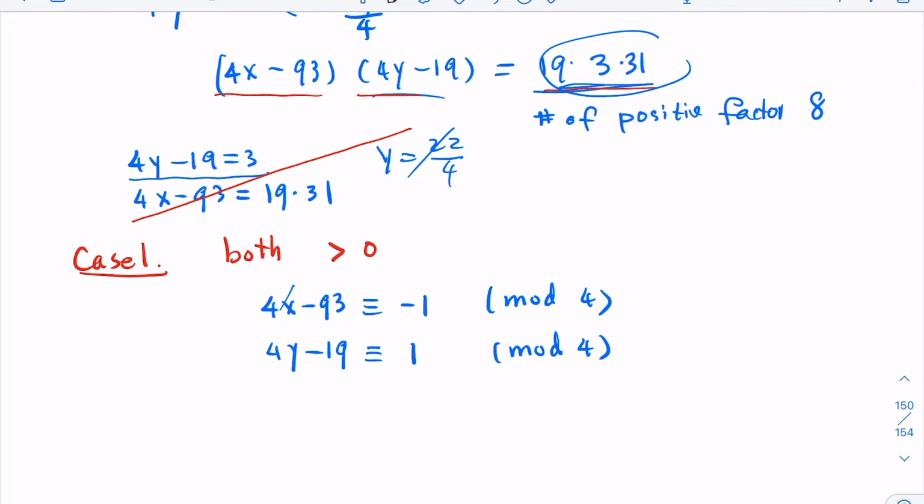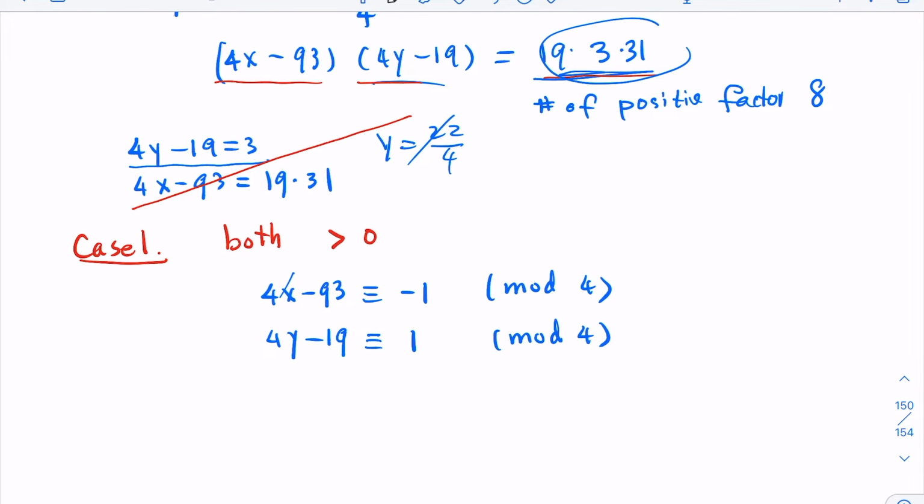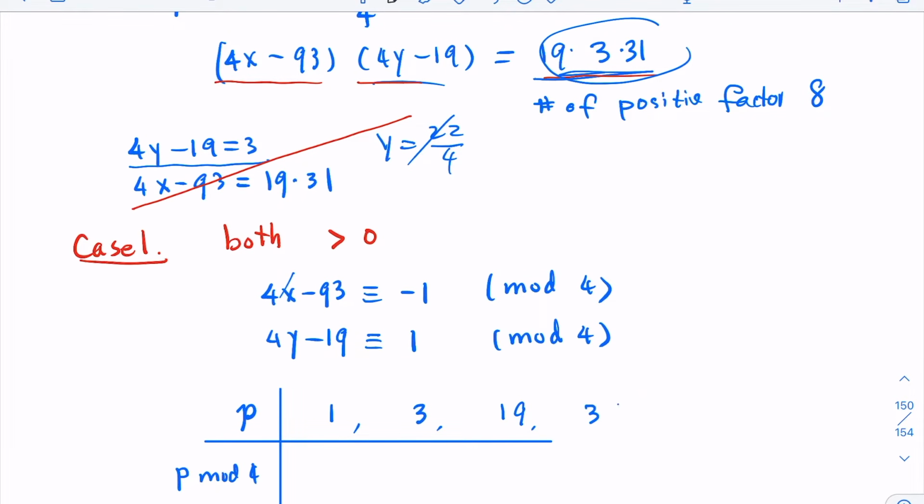Let's consider all the prime factors here and 1. For a factor p, consider p mod 4. You could have 1, 3, 19, and 31. In this case, mod 4 would be 1, negative 1, negative 1, negative 1.